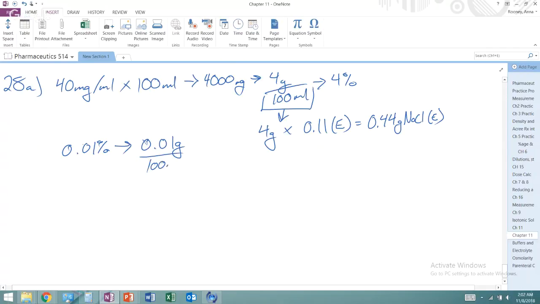So 0.01 grams times its E value, which is 0.16 E.